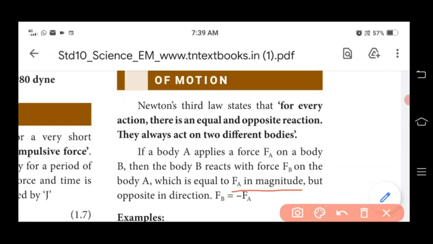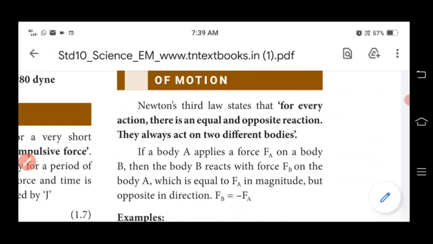That means both Fa and Fb have the same magnitude but are opposite in direction. Hence the equation is given as Fb equal to minus Fa, because one of the forces acts in the opposite direction. Hence the negative sign is coming.